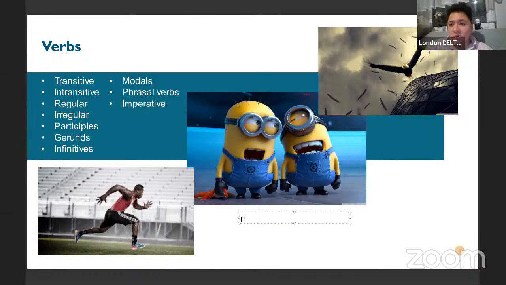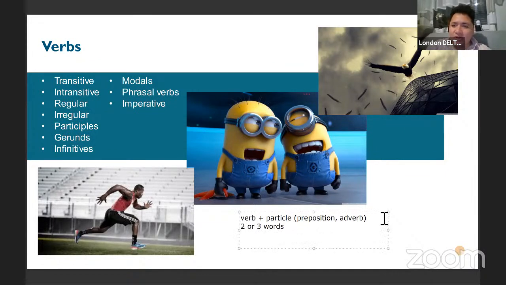Compound verbs that are usually made with a verb plus a particle. The particle is usually a preposition or an adverb. And you can have 2 or 3 words to create the phrasal verb. And usually the meaning changes from the original verb.